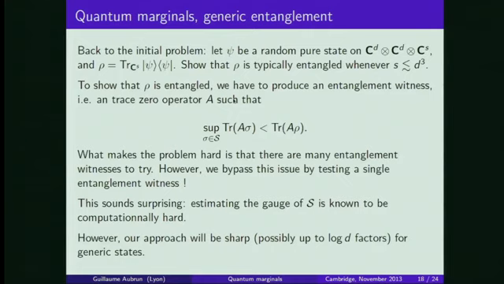By the Hahn-Banach separation theorem, it's enough to produce a hyperplane which separates your state from this convex set. And in quantum information, we call this an entanglement witness. So we have to produce an entanglement witness, which means an operator A such that if you compute trace of A rho, you obtain something which is strictly larger than the supremum of trace of A sigma over all separable states sigma. If this is true, then rho cannot belong to the convex hull, the set S.